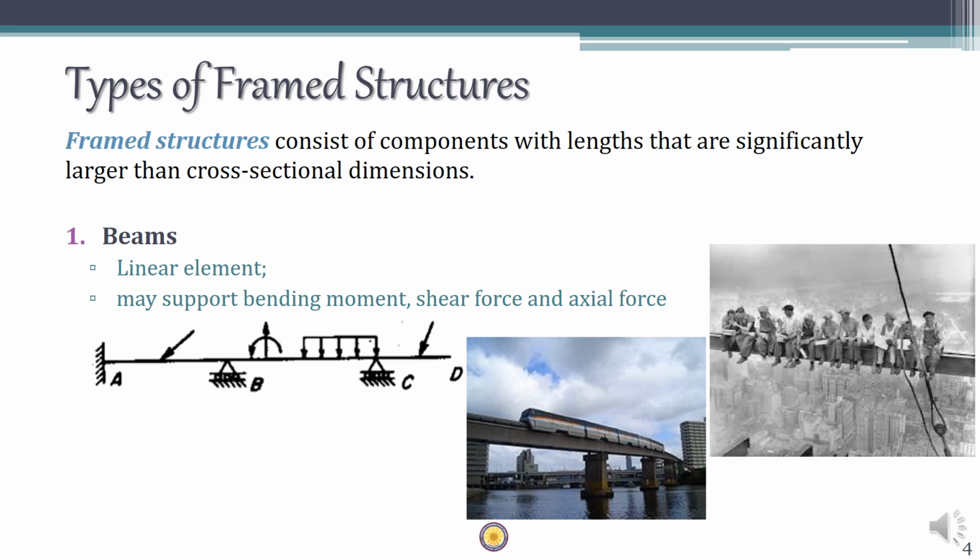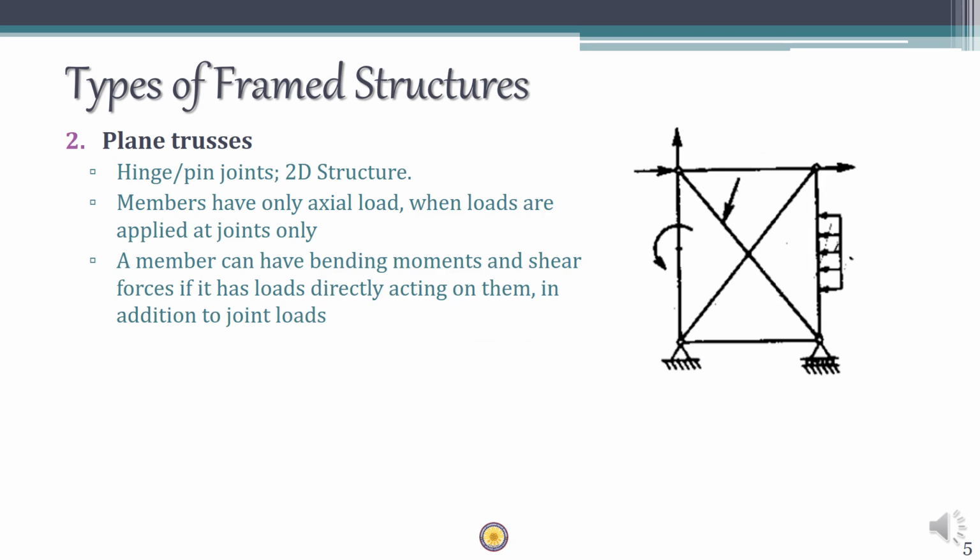Next, the types of trusses. The first one is the plane truss. The major important point noted in a plane truss is that all the joints will be pin or hinge joints. You can see that all the joints are pin joints in a plane truss, and hence the members can carry only axial loads.